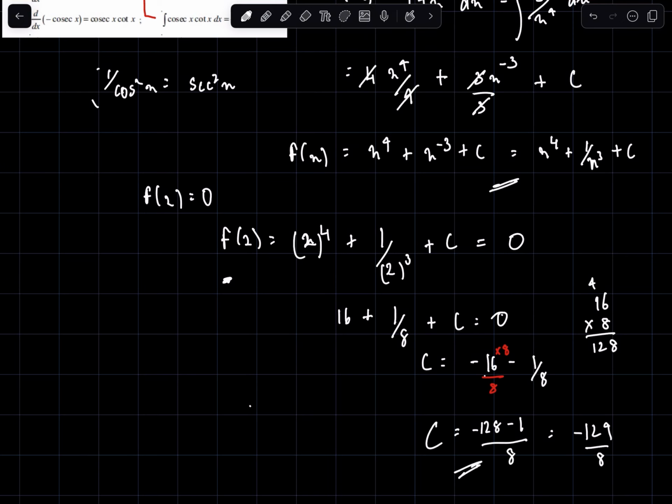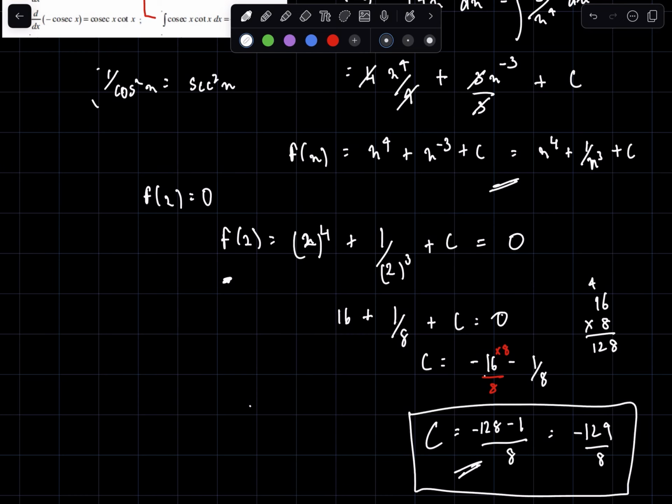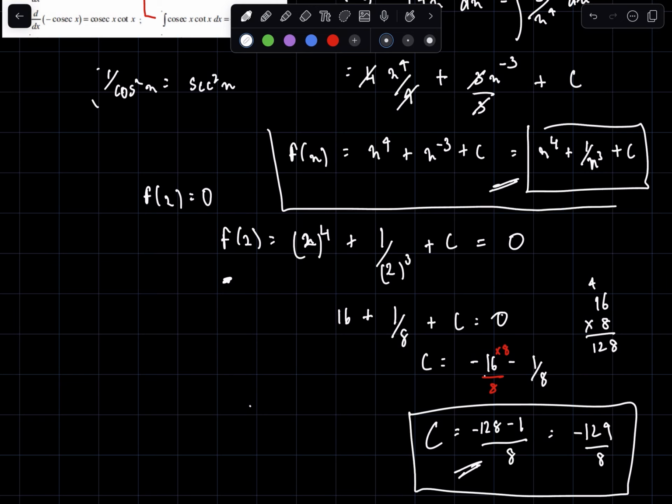Now all we have to do is take this c value. Remember this was our previous answer for f of x, this equation, and all we have to do is substitute the value of c in here.